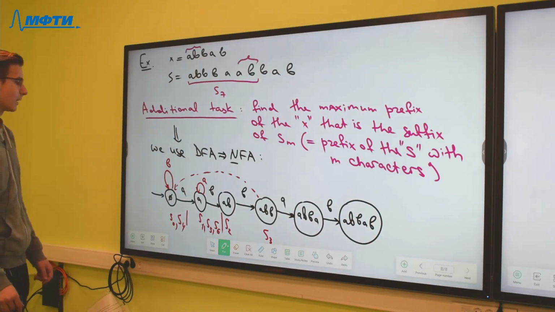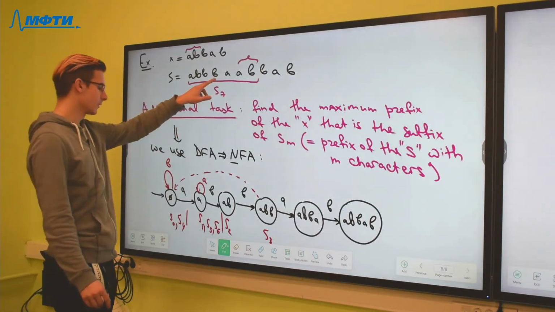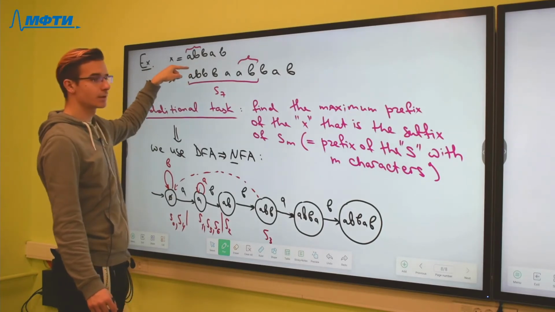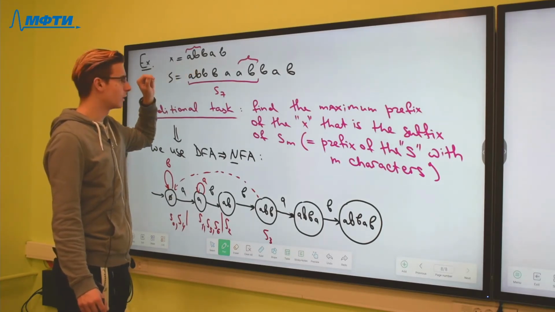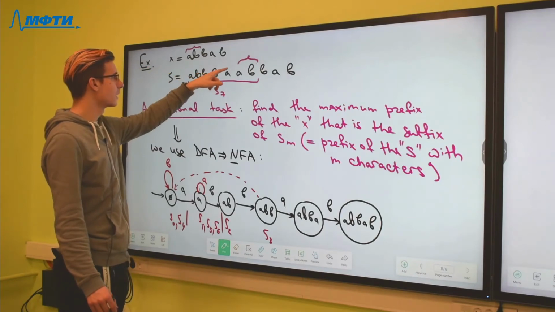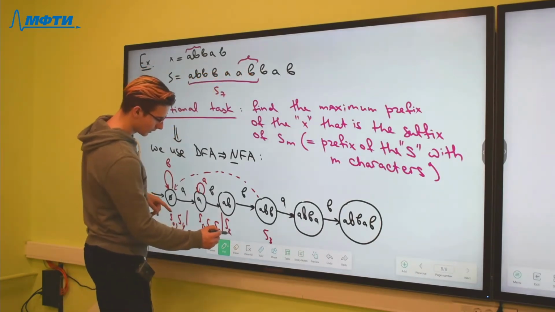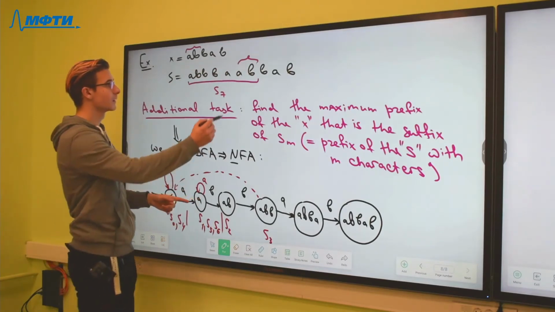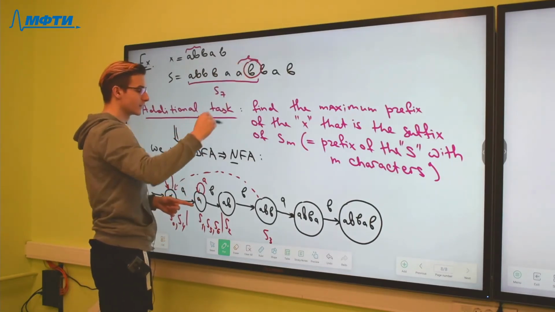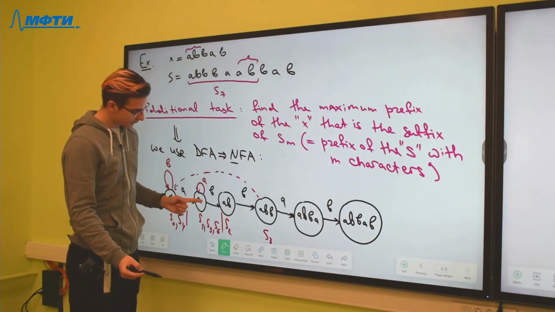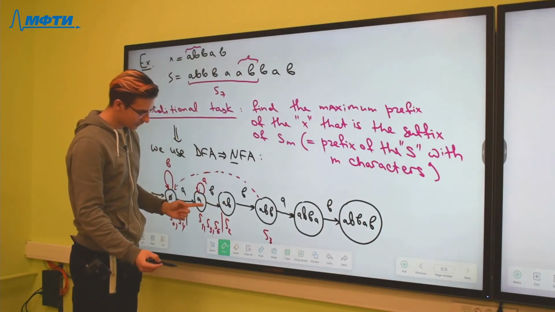Then I see that for S7, the prefix of S with 7 characters, the maximum prefix is AB. And I see here that if we read this character, I go from this vertex here by this edge.